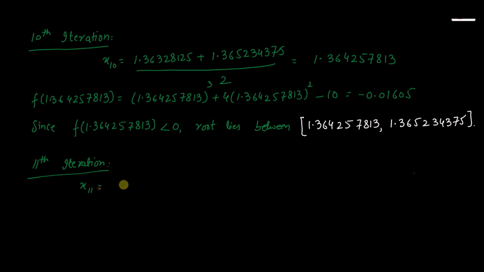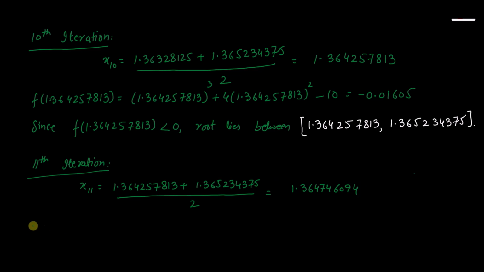So x11 is equal to 1.364257813 plus 1.365234375 divided by 2. When we solve it, we get the result 1.364746094. We need to substitute in the function.